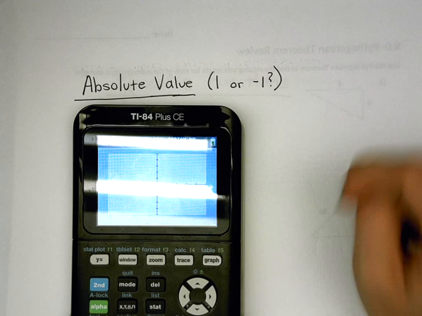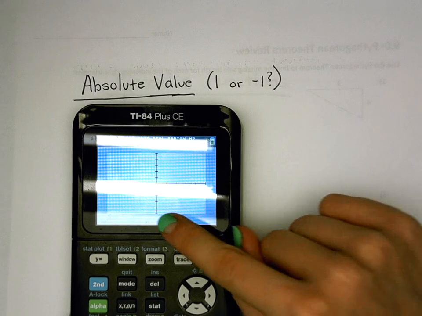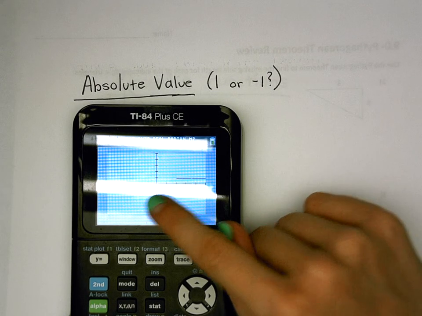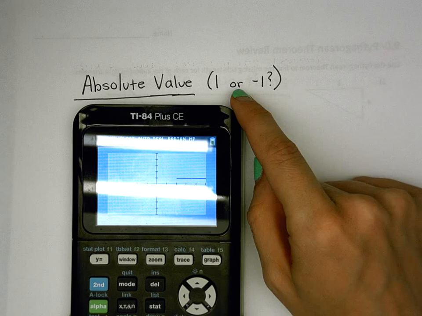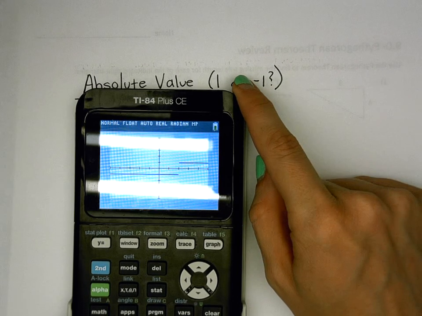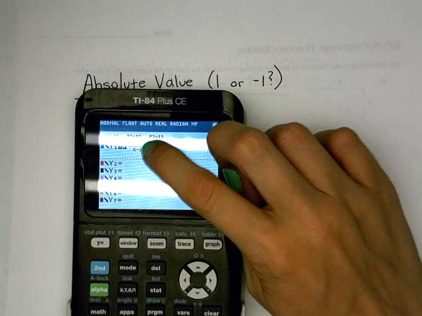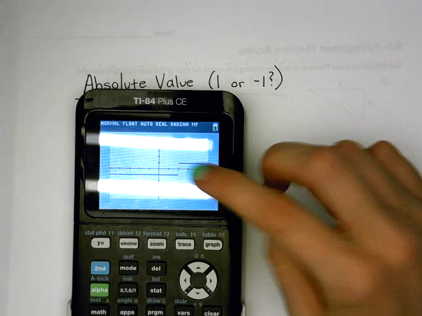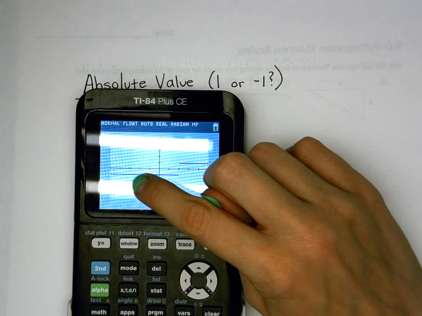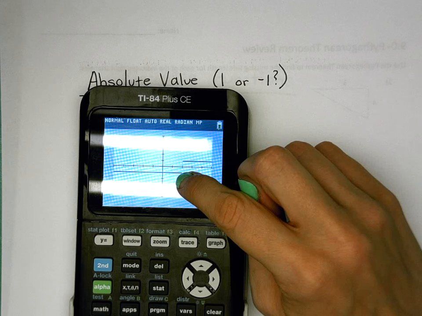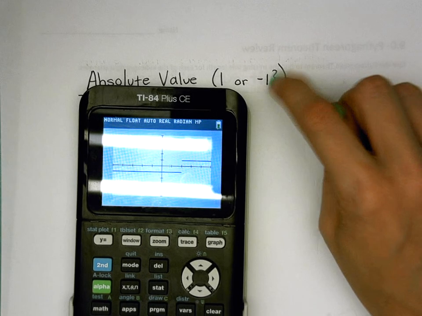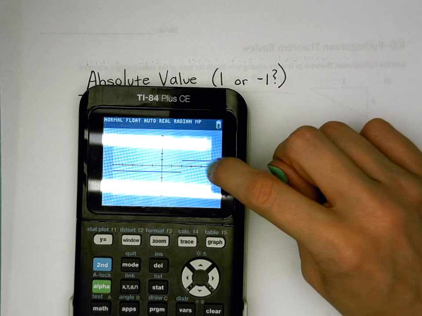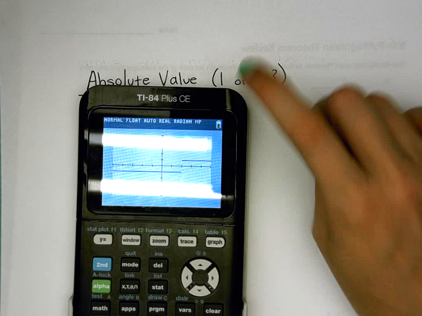And we can see this graphically. If I were to graph this function, you can see we have one portion of the x minus 2 absolute value over x minus 2 down here at -1, right, the -1. And the other portion is up here at +1.